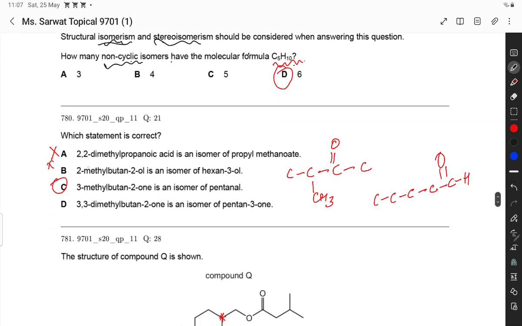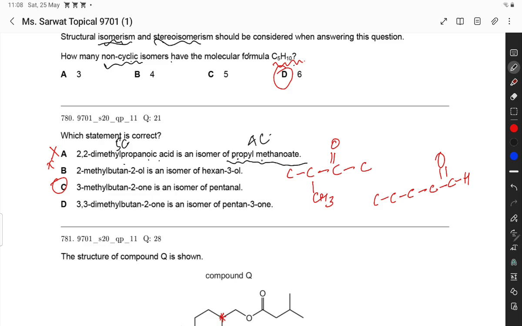Which statement is correct? 2,2-dimethylpropanoic acid is an isomer of propyl methanoate. This is 2,2-dimethylpropanoic acid, and this is propyl methanoate. This is incorrect because here there are 5 carbon atoms, and over here 4 carbon atoms.